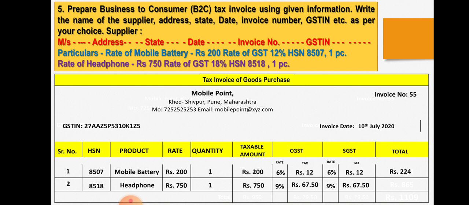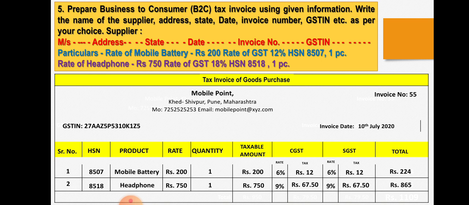So the total value will be 750 plus 67.50 and again 67.50. You will add all 3 components together, and you will get 865 rupees. So now both the particulars are filled properly. Now we will do the total.